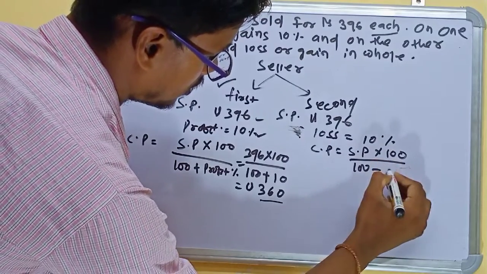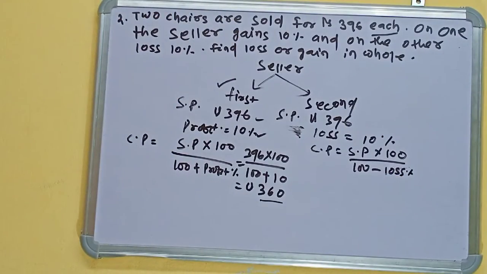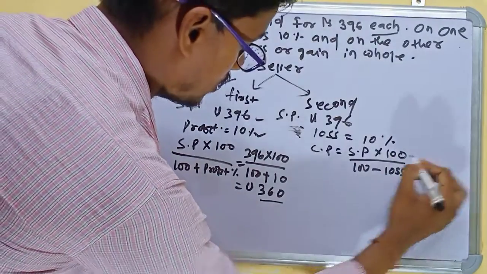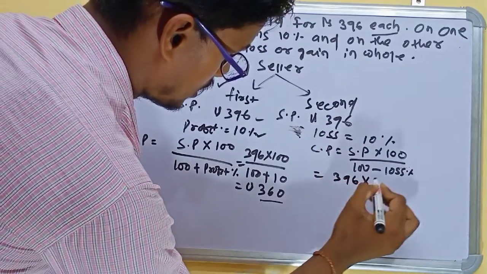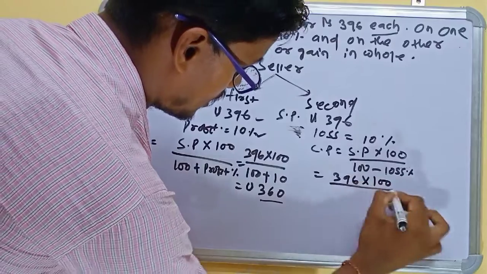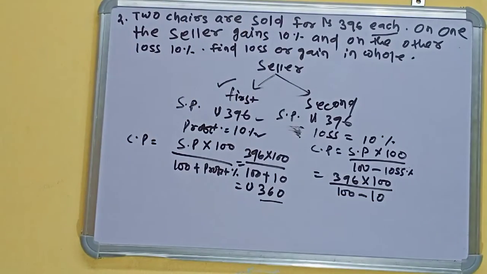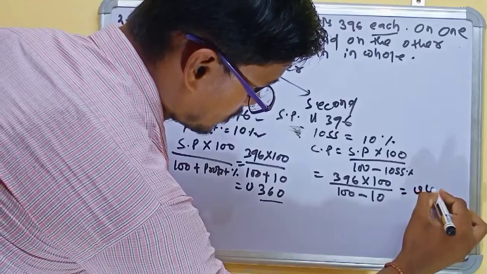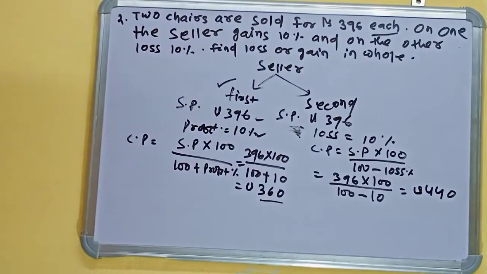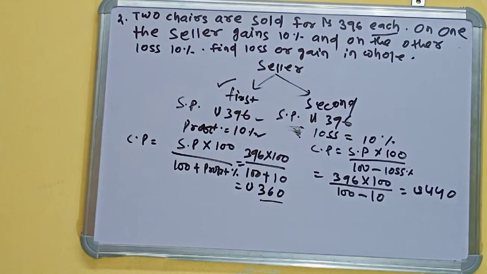SP 396 into 100 divided by 100 minus 10. Then the CP is equal to rupees 440.